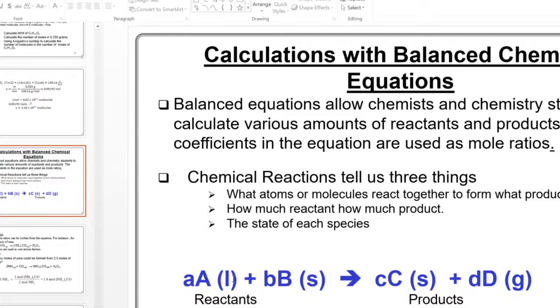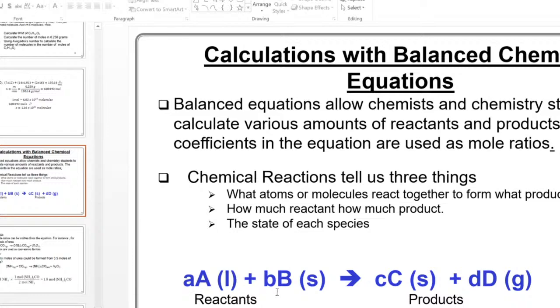Okay, so this is an example of a chemical reaction or chemical equation. It has reactants on your left hand side and products on the right hand side. So we have capital letters A, B, C, and D, where capital letters A and B are your reactants, and capital letters C and D are your products.